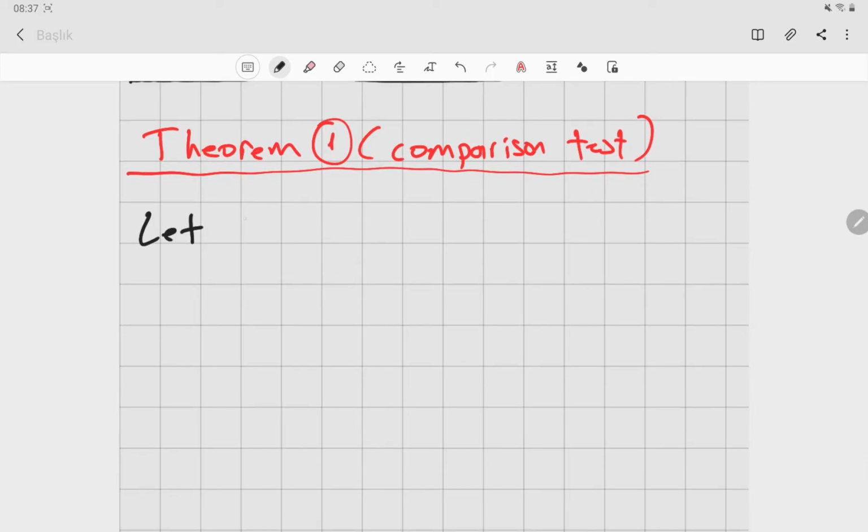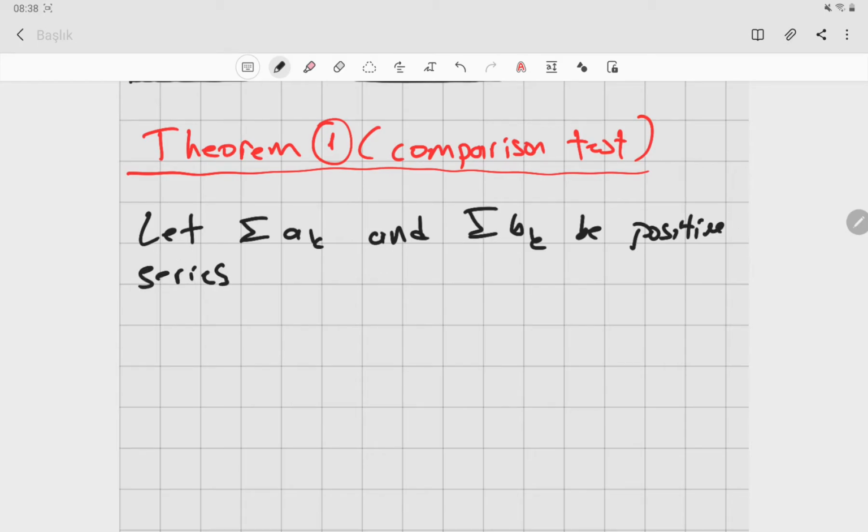Let a_k and b_k be positive series such that a_k is smaller than or equal to, and let's write here a constant C, C b_k, where C is a non-zero constant.